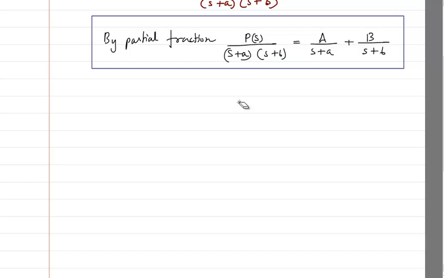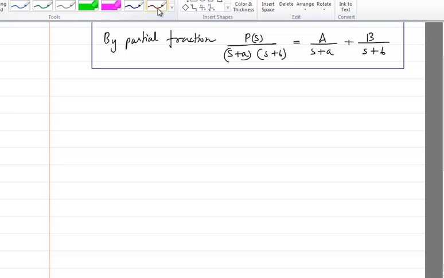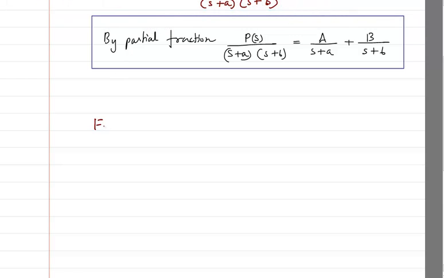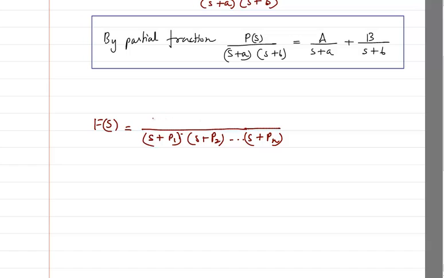For understanding that, the first thing we have to understand is this, which I will separately write. If you have a function F(s) which has some factors in the denominator, let's say s plus p1, s plus p2, like that, s plus pn, and suppose in the numerator you have factors of the form s plus z1, s plus z2, like that, s plus zm, m different values.